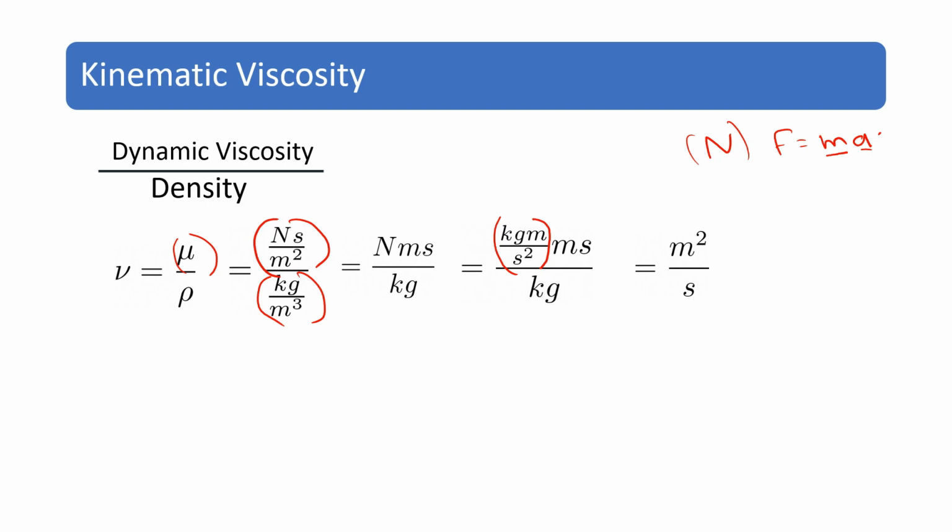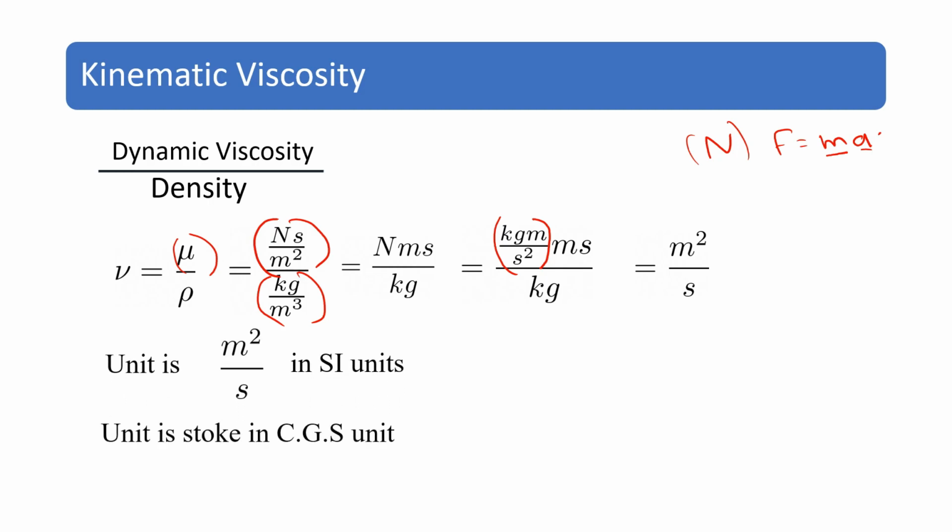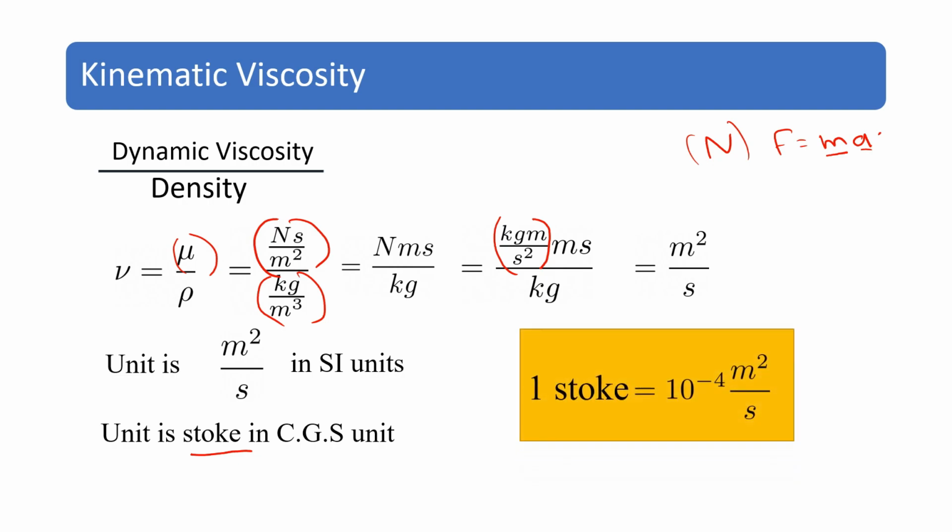So the unit of kinematic viscosity is meter square per second in SI unit, and in CGS unit the unit is stoke, and 1 stoke is equal to 10 raised to minus 4 meter square per second.